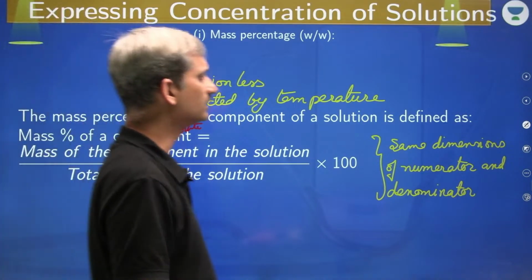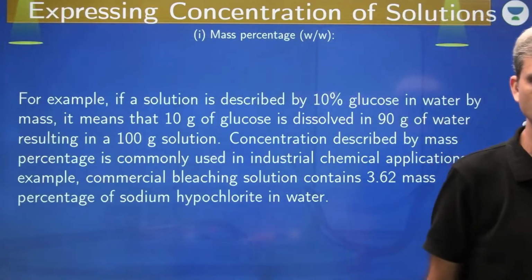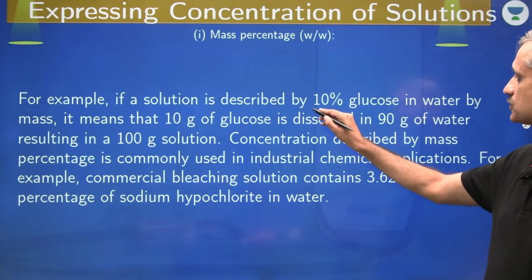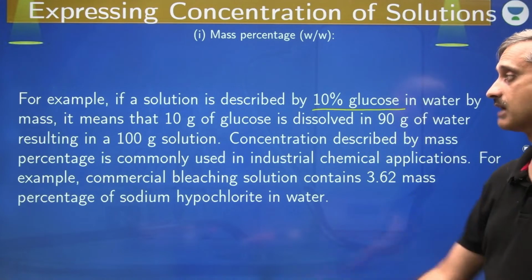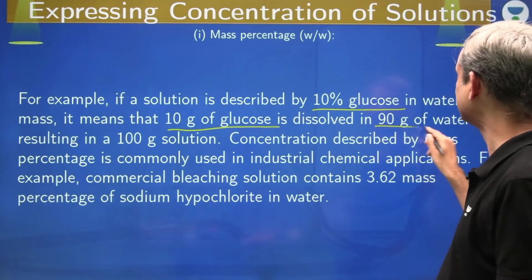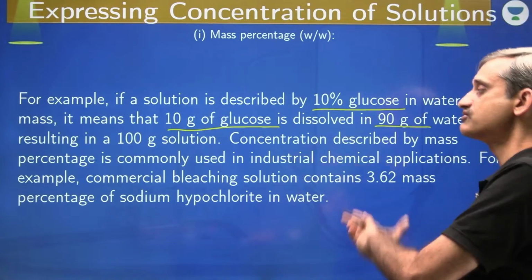So this is what we have as the dimension list. Let us have a question. Now, if a solution is described by 10% glucose in water by mass, it means that 10 gram of glucose is dissolved in 90 grams of water, resulting in a 100 gram solution.